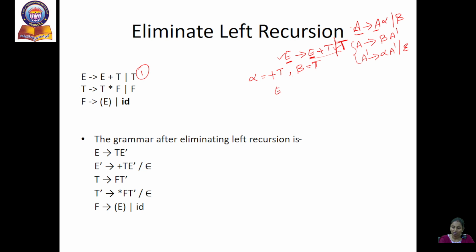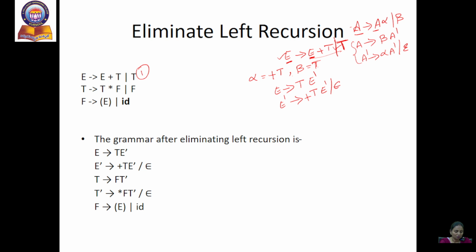E derives, what is beta? T E dash, and E dash derives what do we have to write? Alpha. What is alpha? Plus T. Plus T E dash or epsilon.